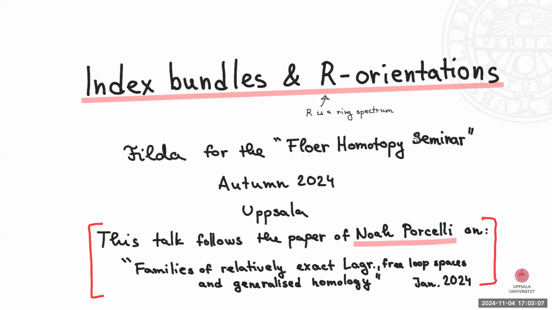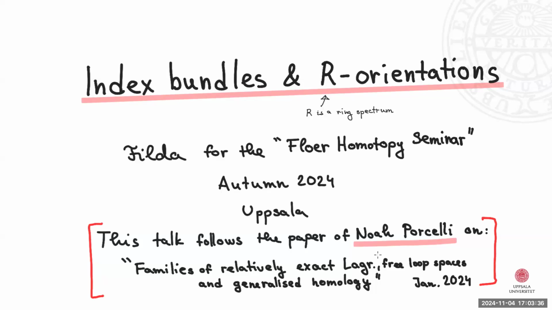So what is my talk going to be actually about? I was asked to somehow try to explain to you this paper of Noah Porcelli, which uses some homotopy theory to orient some moduli spaces of some solutions over these extraordinary homological theories.